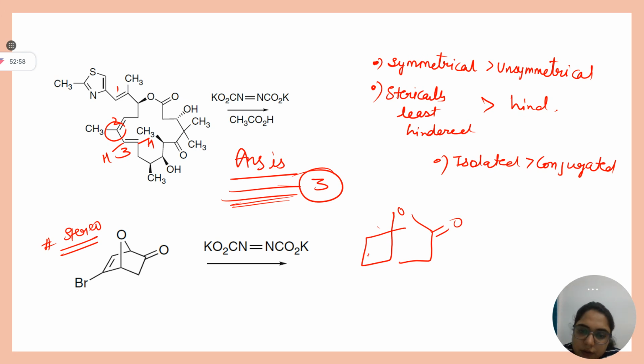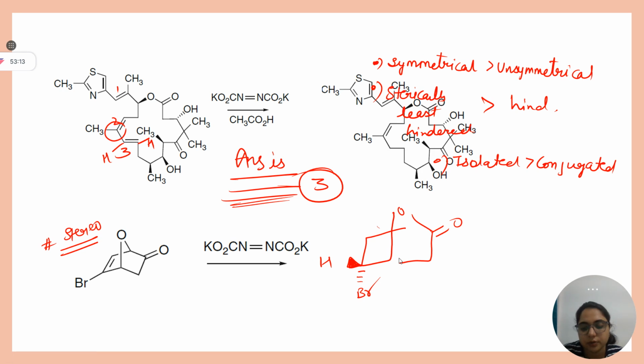Here it doesn't matter, but here it is a chiral center, so your hydrogen will come from the above side. In this way, you have to decide stereochemistry. Correct? I hope you understood.